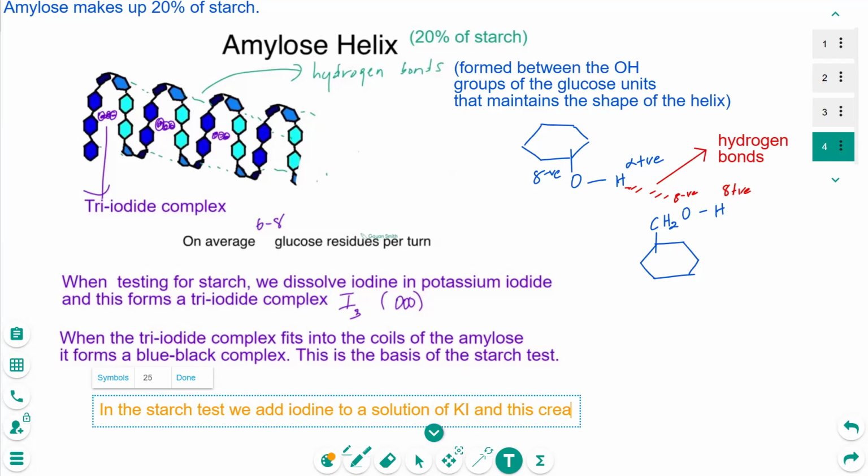And this creates the triiodide complex. So that's usually what we say when we're doing the starch test.